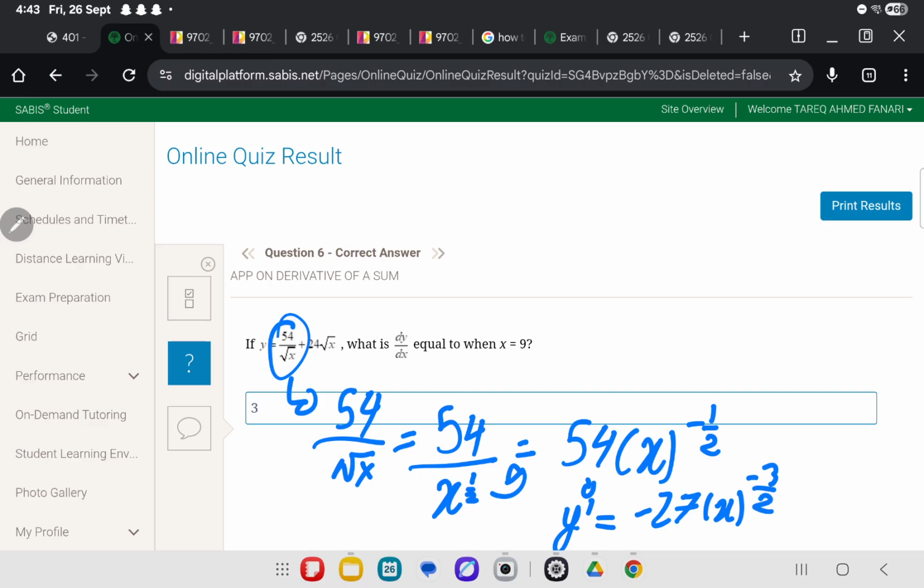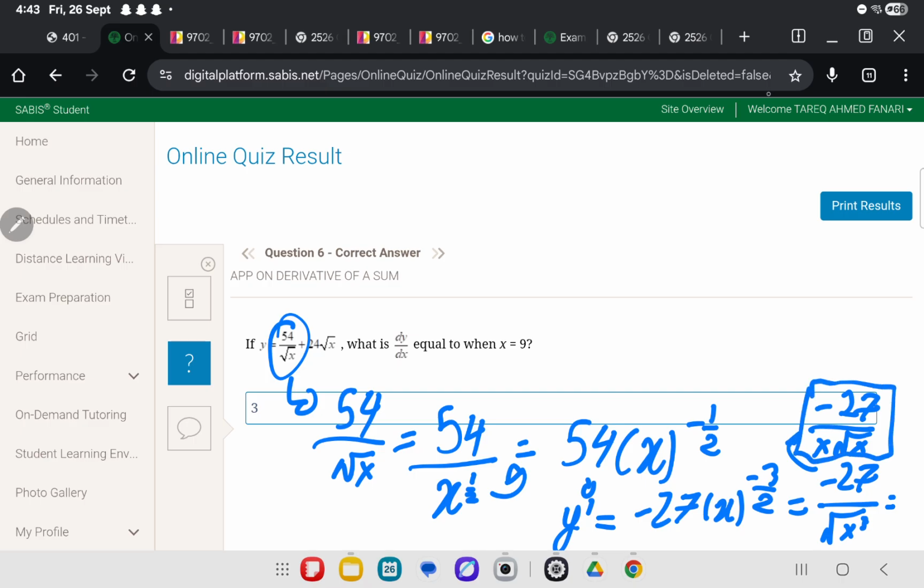I can also simplify this as negative 27 over radical x cubed, which equals negative 27 over x radical x. This is the derivative for the first one. I'm going to put a box around it.